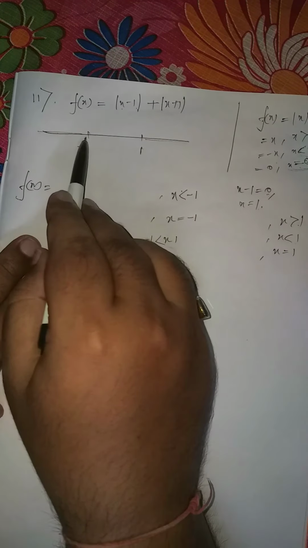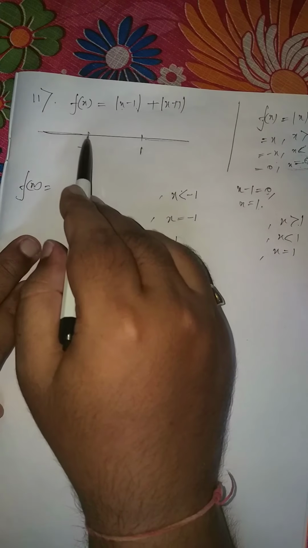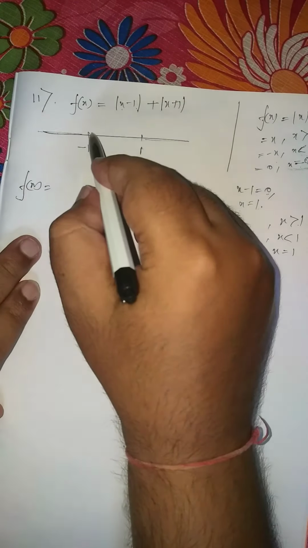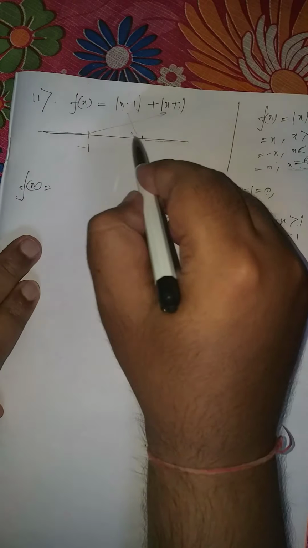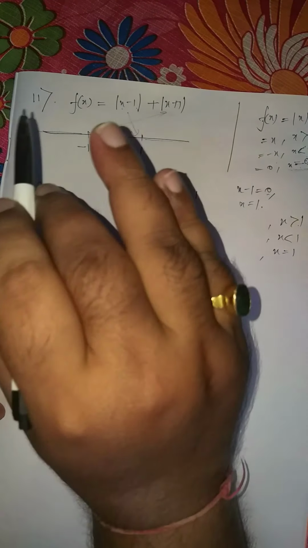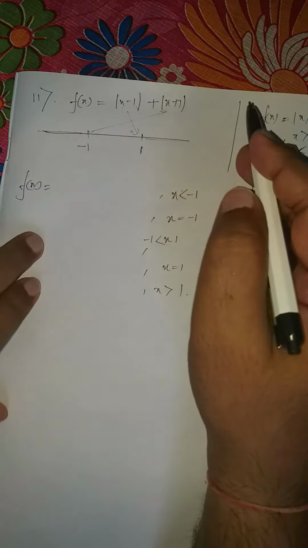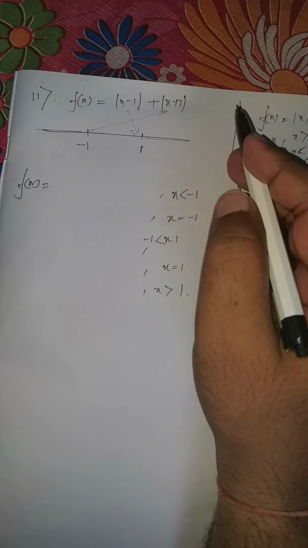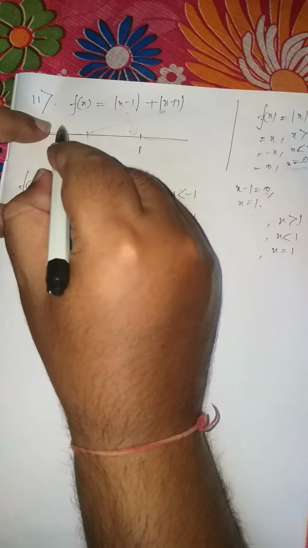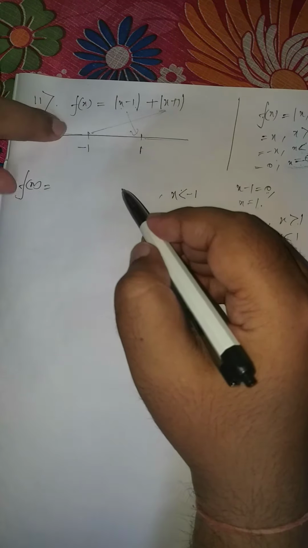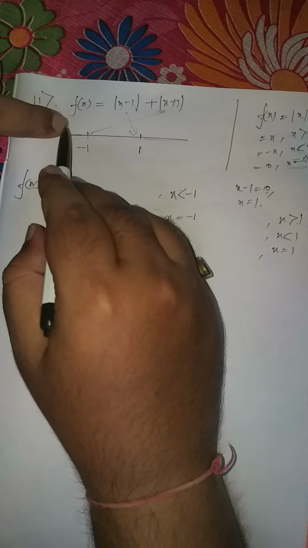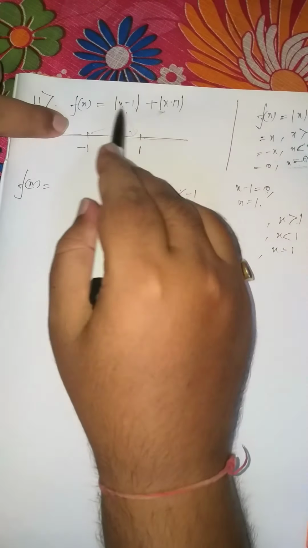So when x is less than minus 1, you get this point from this function and this value from this function. You just have to check the tendency, whether the region is on the left or right. This region is left to this function and also left to this function.